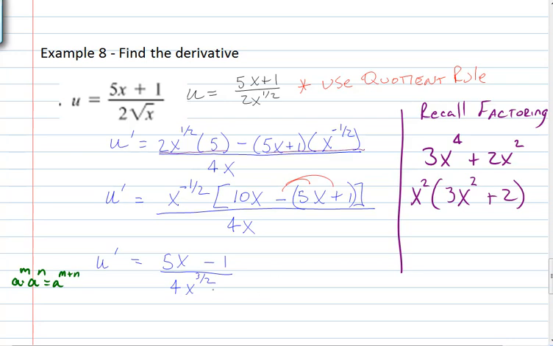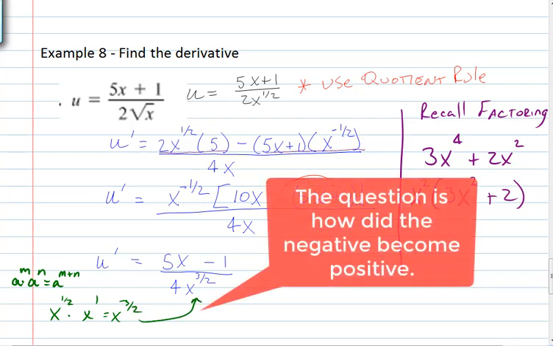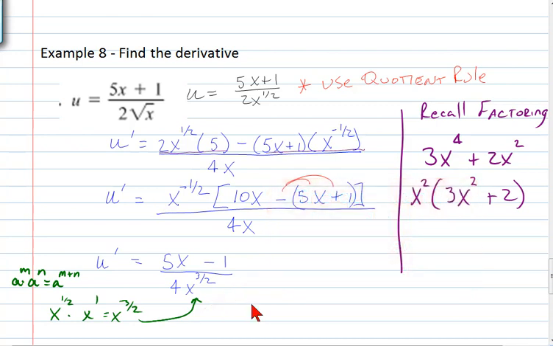So this is x to the 1/2 times x to the 1st, so that's x to the 3/2. Why did it turn from the negative 1/2 to positive? Because I went from the numerator to the denominator. That's that negative exponent rule. If you have a to the negative n, that's 1 over positive a to the n.